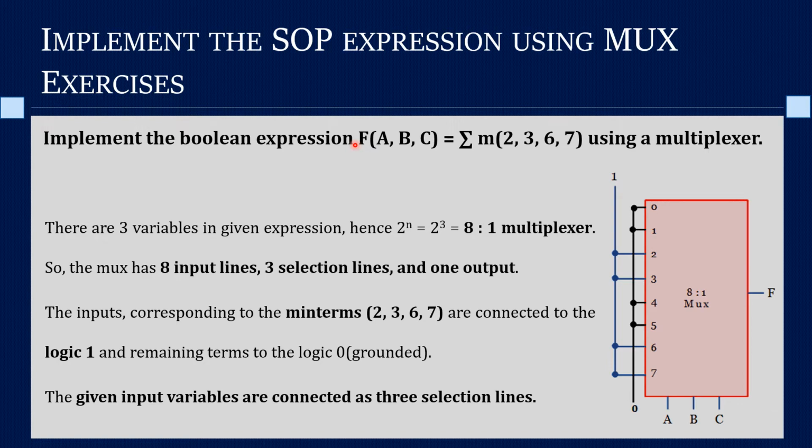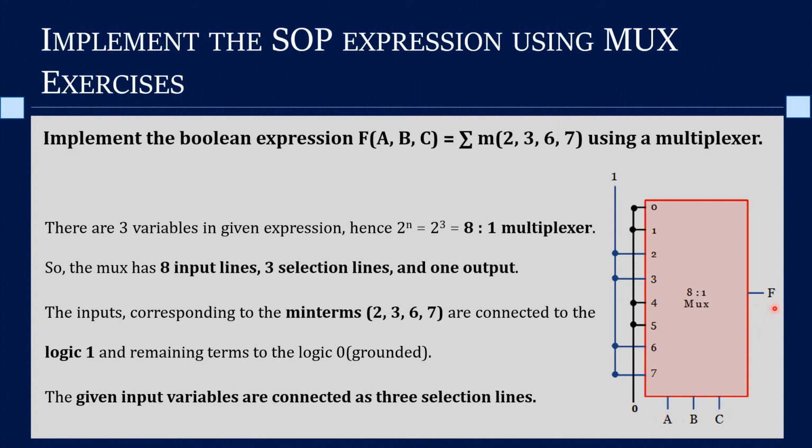The multiplexer has 8 input lines. For 8 lines, 2 raised to n where n is 3, it requires 3 selection lines, and we know that a multiplexer has only a single output line. So there are 8 input lines, 3 selection lines, and 1 output line.